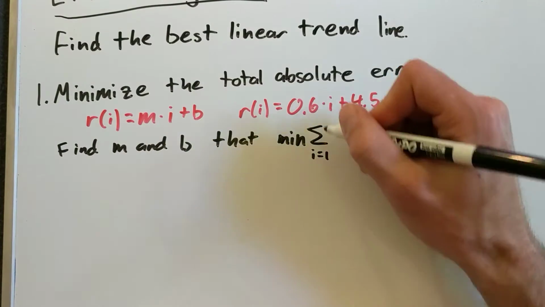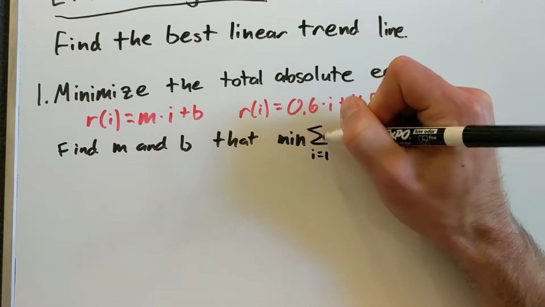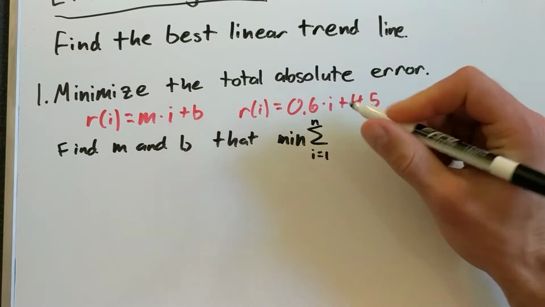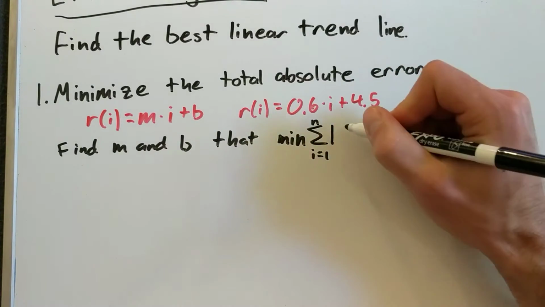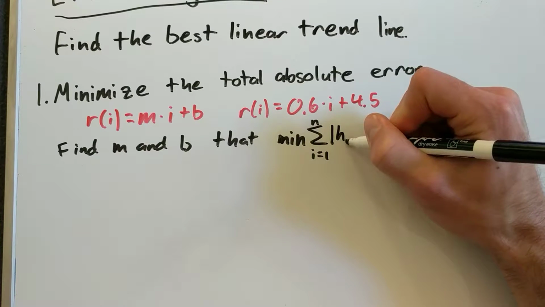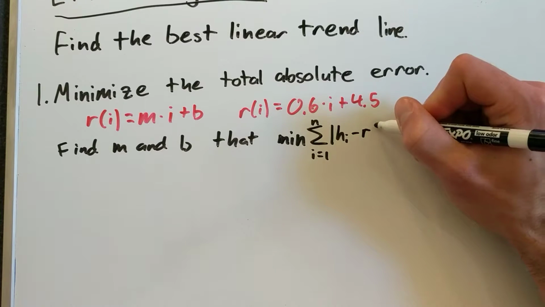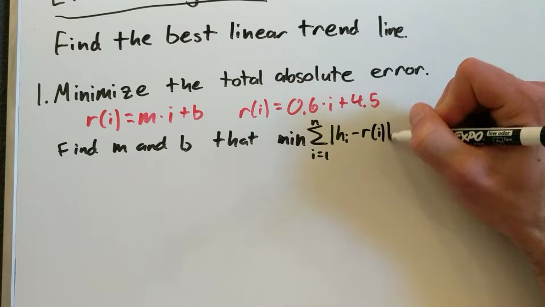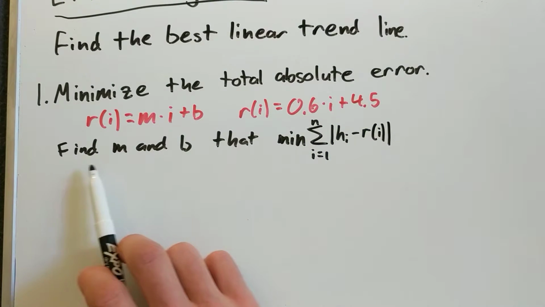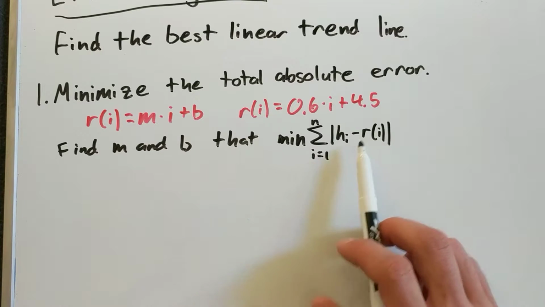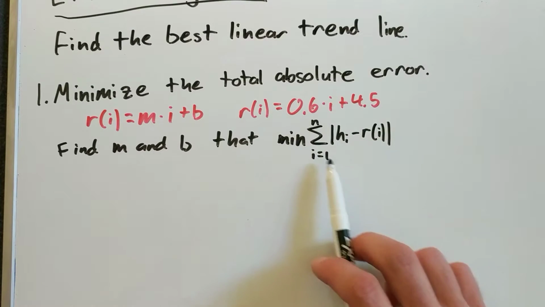So we minimized the sum from i of 1 to n of the absolute value of h sub i, the measured hours of sleep, minus our equation r of i. Find m and b that minimizes this right here is the total absolute error.